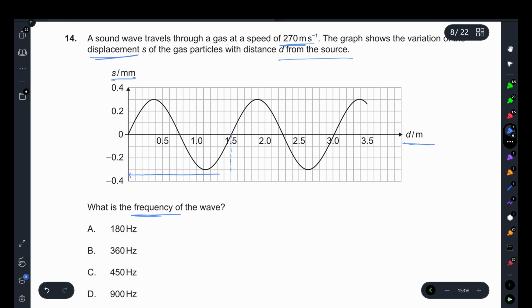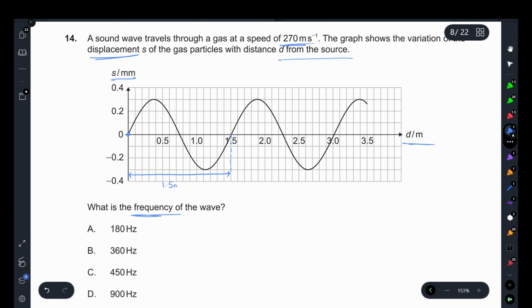You need to find this as the wavelength, because the wavelength is the distance from compressions to expand out and go back to compressions once again. So this is one wavelength right here.